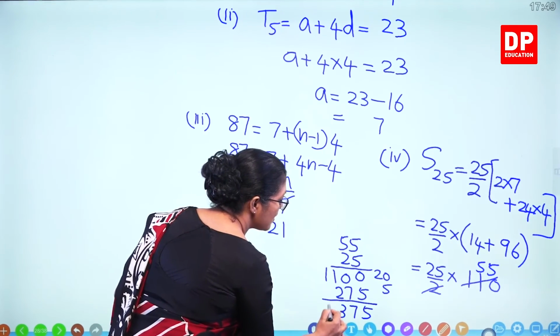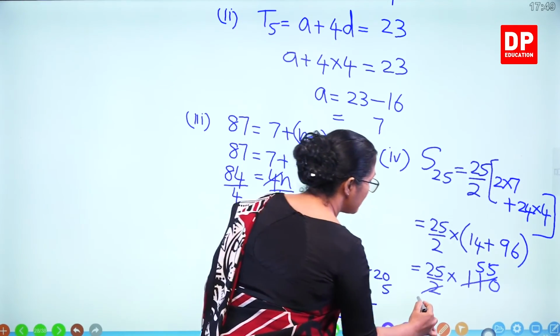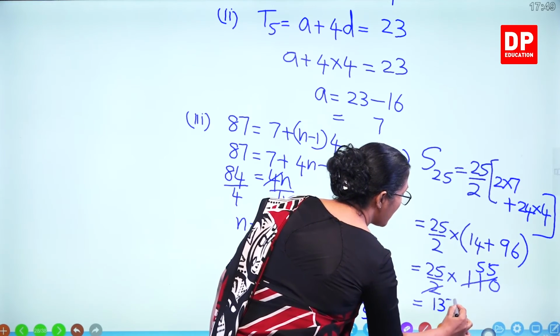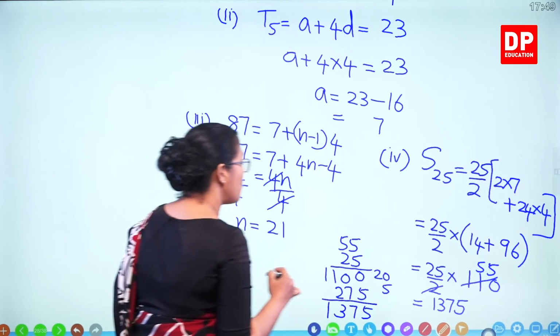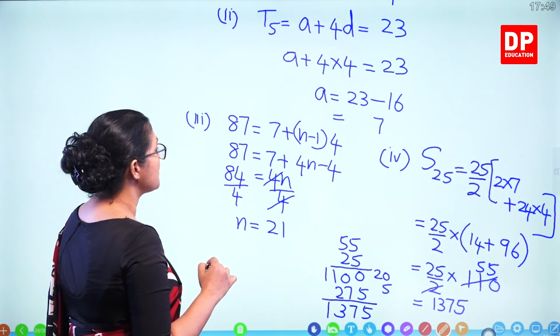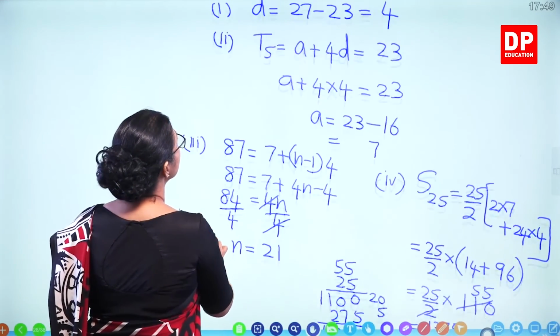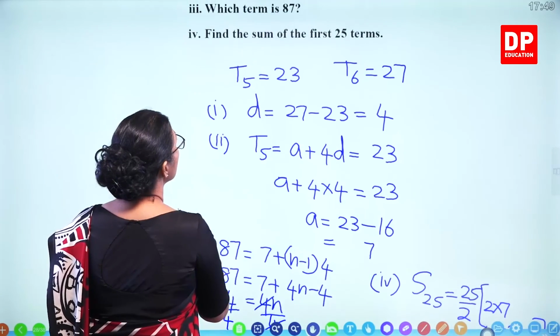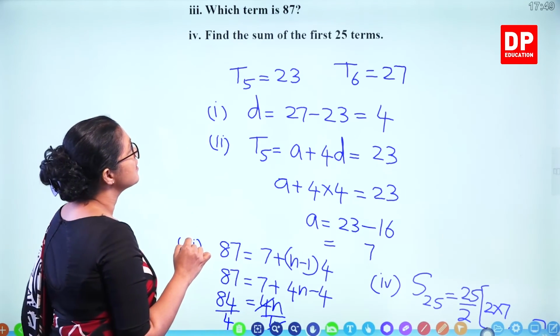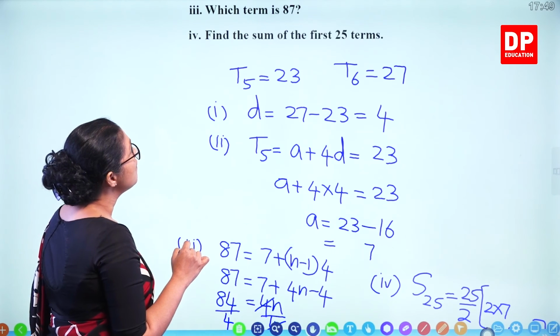So you get 1375 as the sum of all terms. So that's the last part. So we need to give marks.